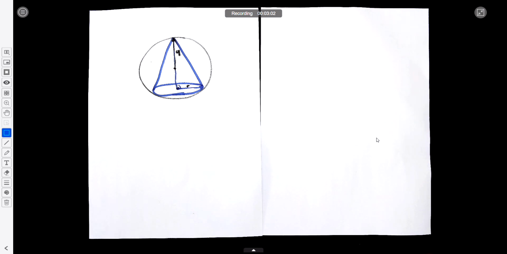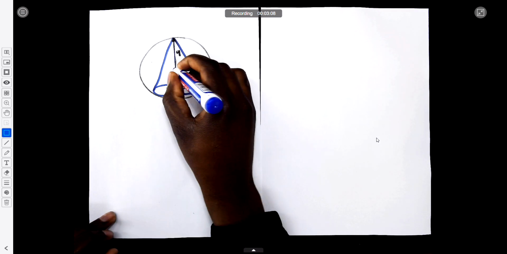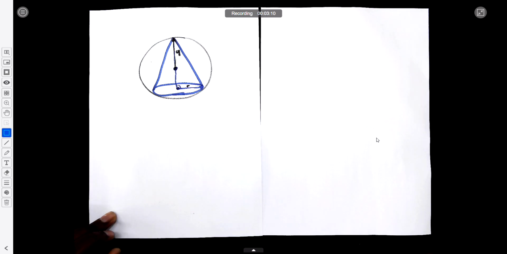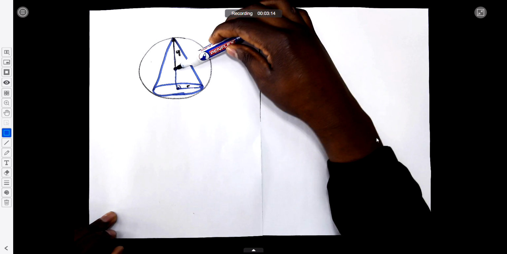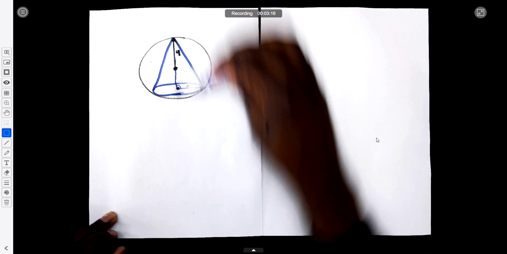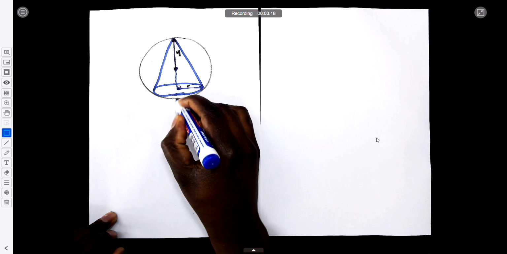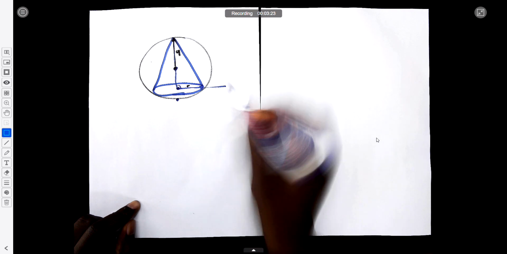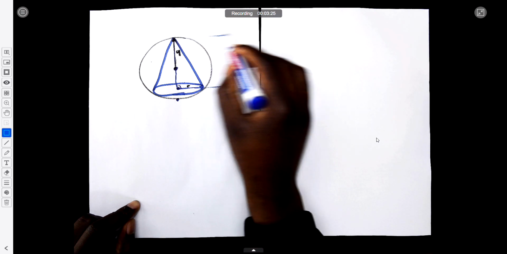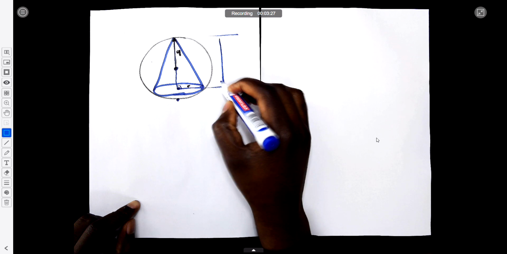So we know that according to when I was looking at this example here, I want you to see something. For an example, we have the center, that is for the sphere. We have the radius from here to here, it's 9. And from this point to this point, it must be 9. But we have a portion here which is, let me say this is the height here, the height of the cone, from the apex.